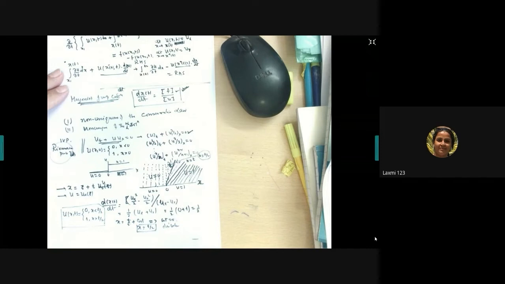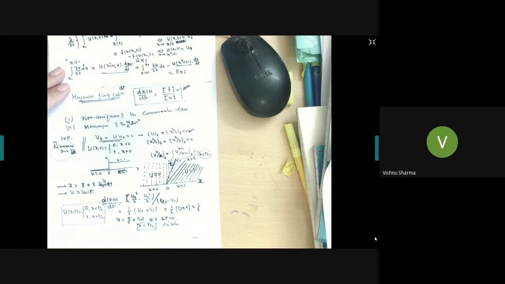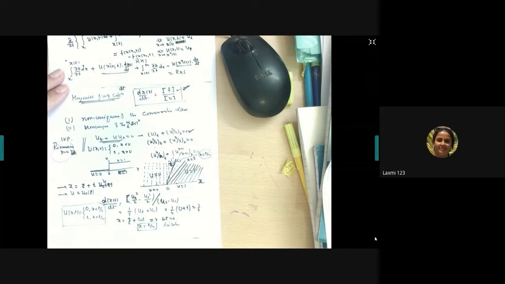Sir, I have just one observation. In the initial problem, you took u to be a smooth C1 function, and you ended up showing that even with a very nice differentiable function, we can have this phenomenon of the weak solution, right?